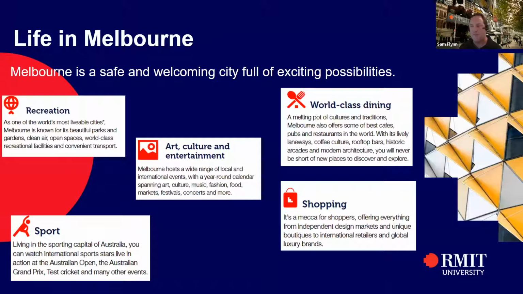Melbourne itself is also very multicultural, with different festivals throughout the year for different cultures. So the students will find it easy to settle in and find not only Australian cultural activities, but also participate in their own cultural activities throughout the year.